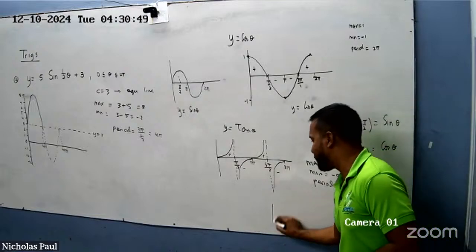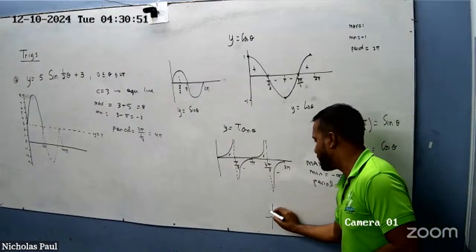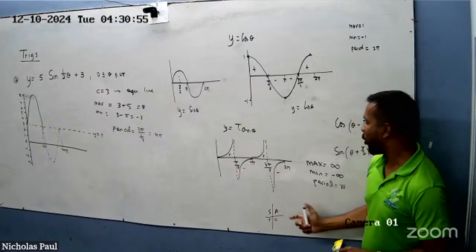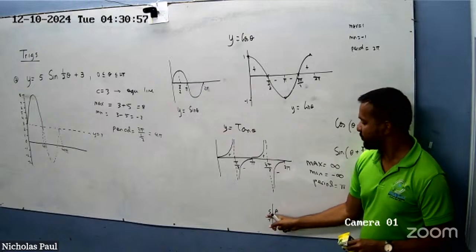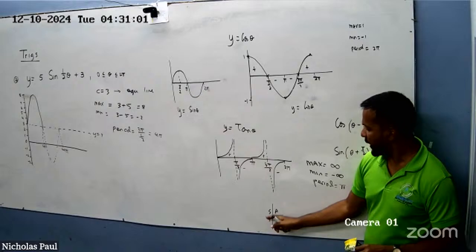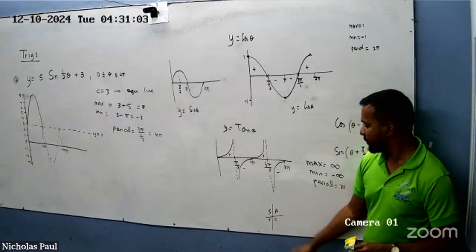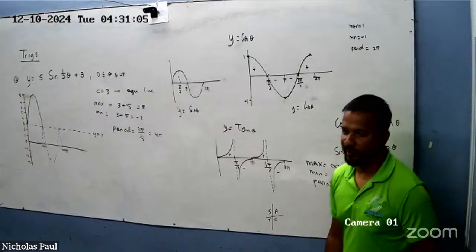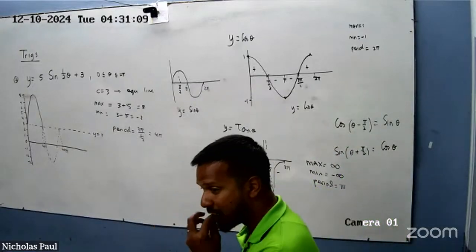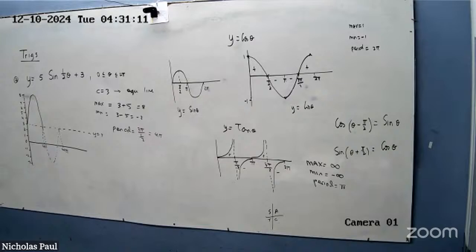And that is where the ASTC rule comes from. All positive here, sin positive in the first quadrant, tan positive here, cos positive. Right, copy it down. And I'll give you one to sketch.